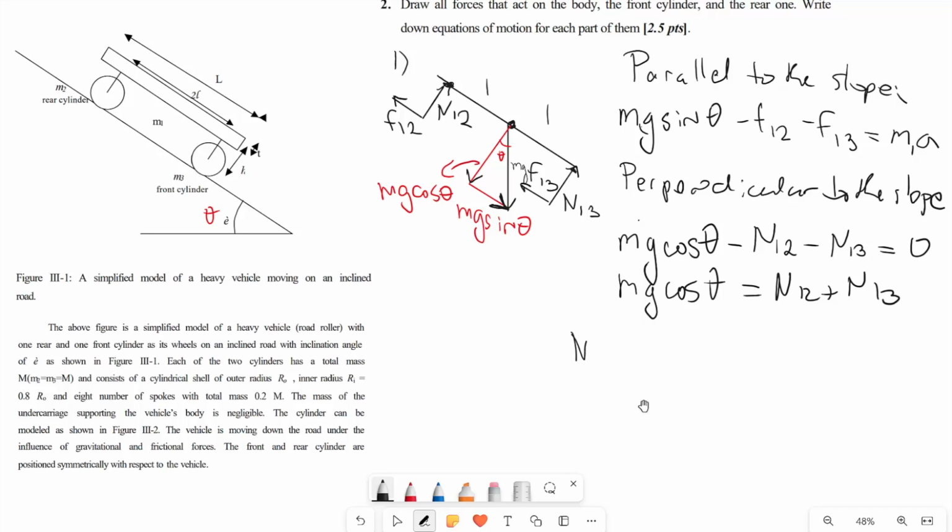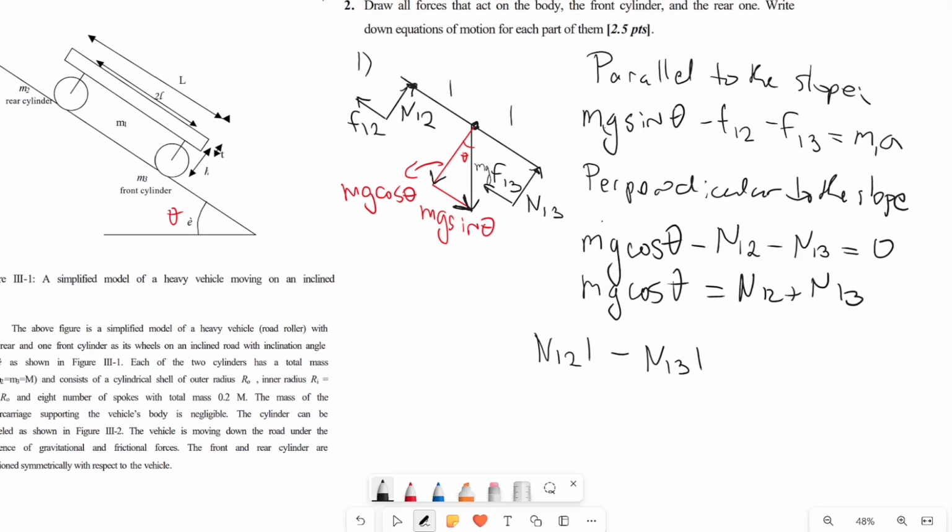I'm going to have N12 times this perpendicular distance, which is L, plus the other one, N13, also multiplied by L. Oops, this one here is going to be in the opposite direction, so let's take that away.